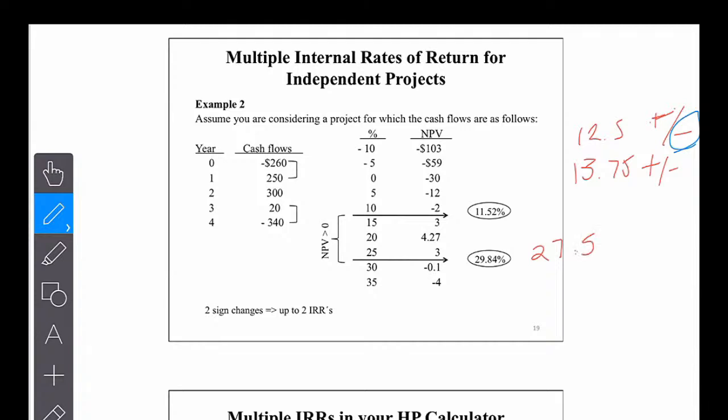And you'll know, because we already have the answer that I give you, if you put 27.5, it'll tell you that that is a positive. So you keep going. So then between 27.5 and 30 is 28.75, and it'll still be positive, so you keep going, okay?